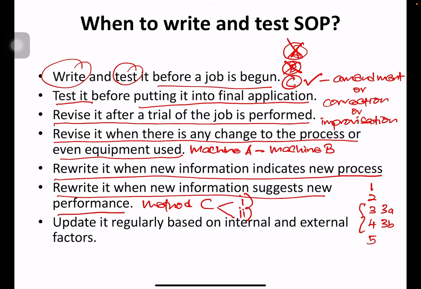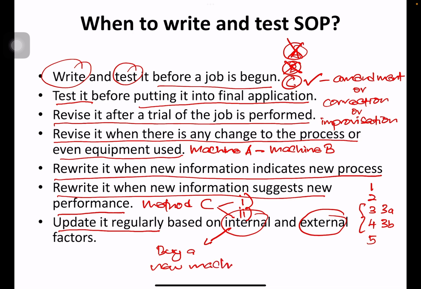Lastly, you need to update it regularly based on internal and external factors. So what will be the internal factors? For example, you are buying a new machine. Then you need to update your SOP.